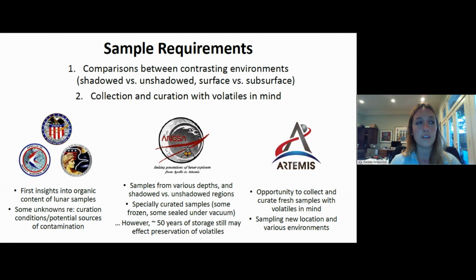Some of our techniques for other volatile organics allow us to look for enantiomeric excesses as well. And also in any case where we have enough sample, we could also do stable isotope analyses, generally carbon isotopes. So these are two techniques that might be able to give us some indication of contamination versus extraterrestrial sources.